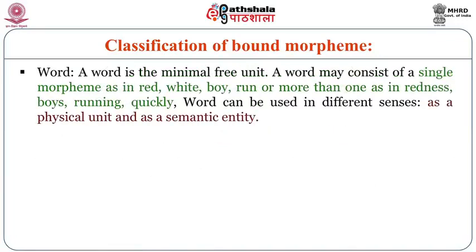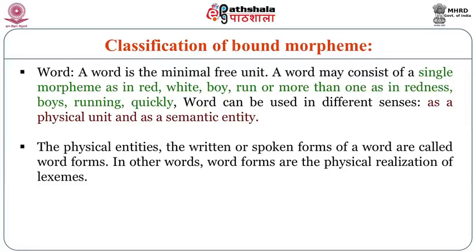A word is the minimal free unit. A word may consist of a single morpheme as in red, white, boy, run, or more than one as in redness, boys, running, quickly. Word can be used in different senses, as a physical unit and as a semantic entity. The physical entities, the written or spoken forms of a word, are called word forms.